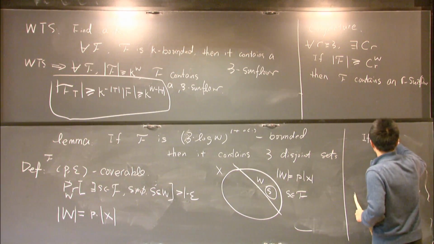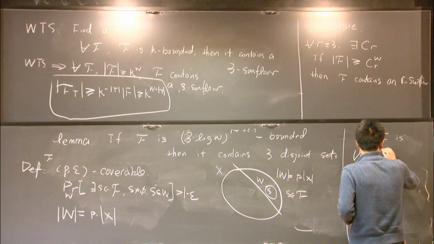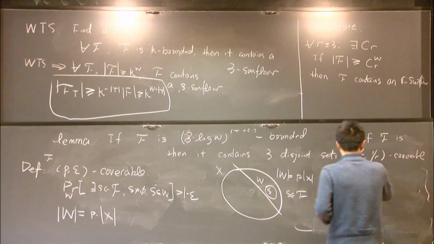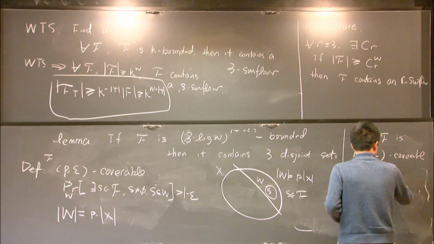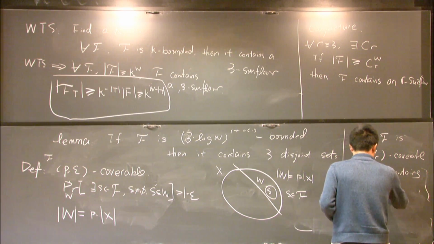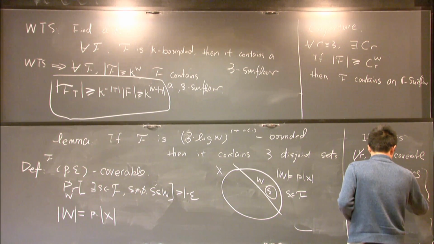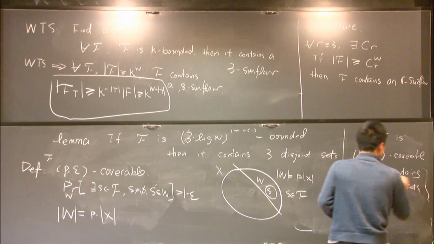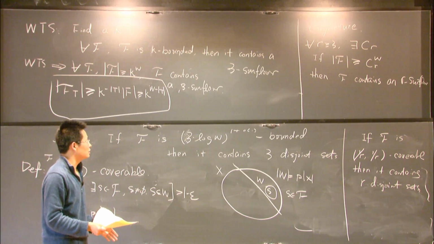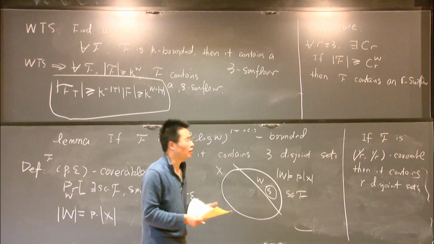The lemma: if F is 1 over R coverable, then it contains R disjoint sets.